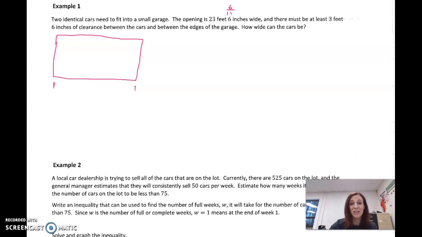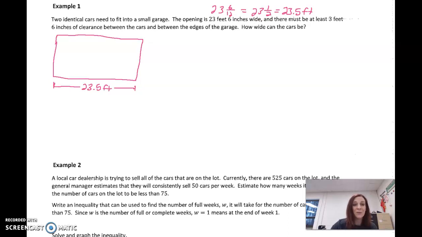So 6 inches out of 12 inches is really saying 23 and 6/12 feet, which is 23 and a half feet, or 23.5. I know you might not see that right away, but that's not our focus. I'm going to make this easier by writing this as 23.5 feet, from here to here.